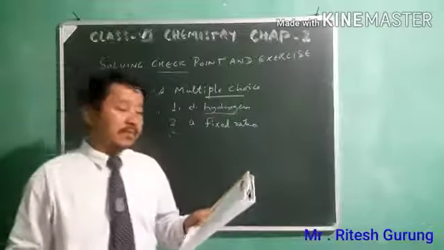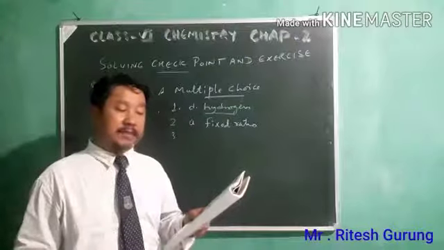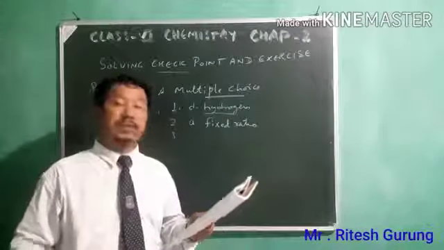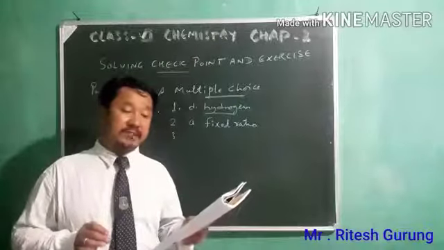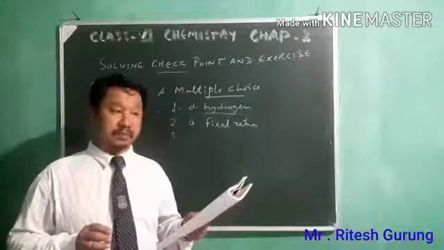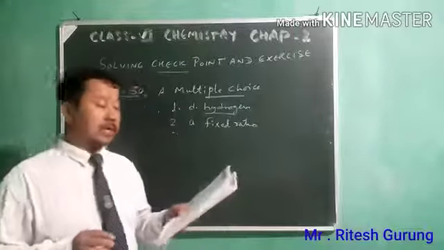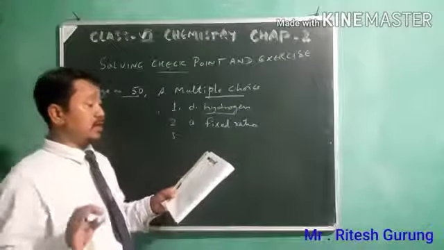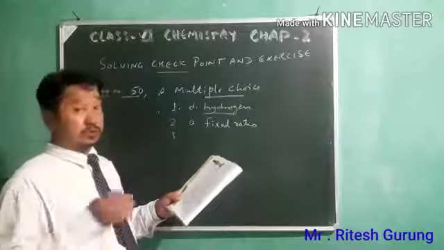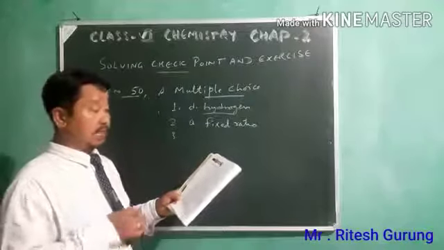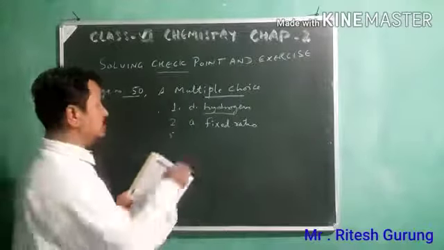Then question number 3. A mixture of ammonium chloride and sand is separated by which method? There are 4 methods given: evaporation, decantation, filtration, and sublimation. You have done this last time also. So that is sublimation.